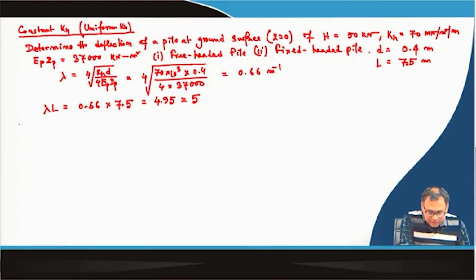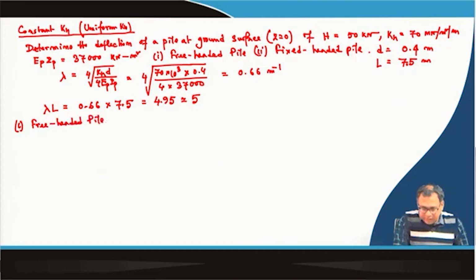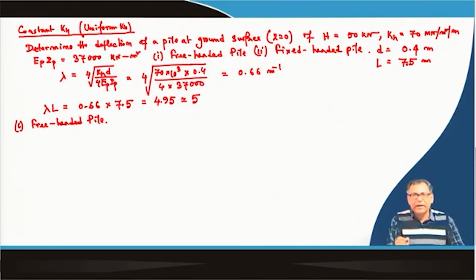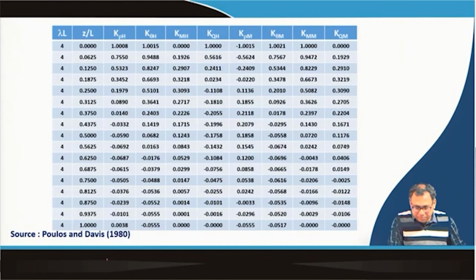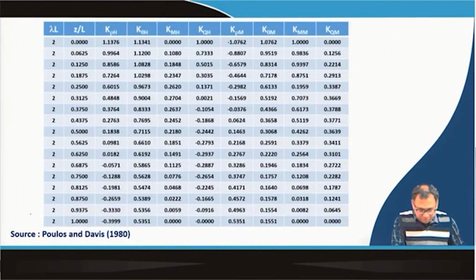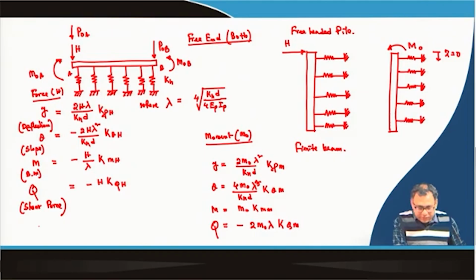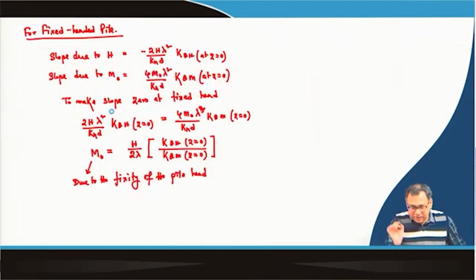So, first case, this is for a free headed pile, and first we are considering the pile as a finite beam. So, pile as a finite beam, what is the equation? So, this is the equation: deflection is 2 H lambda divided by K H D into K rho H, and you have to determine at z equal to 0.